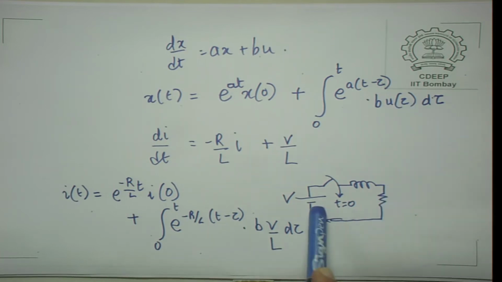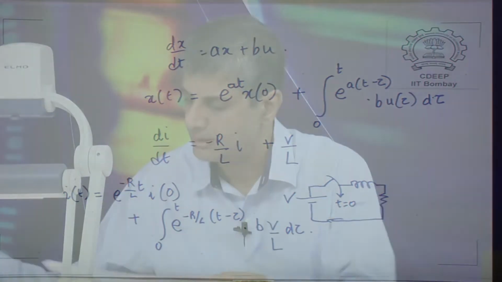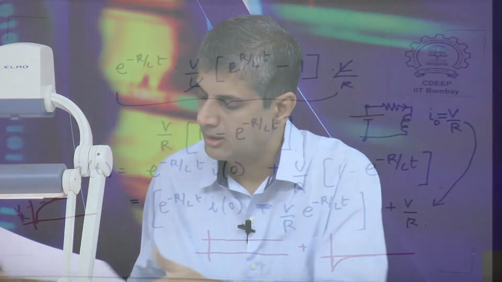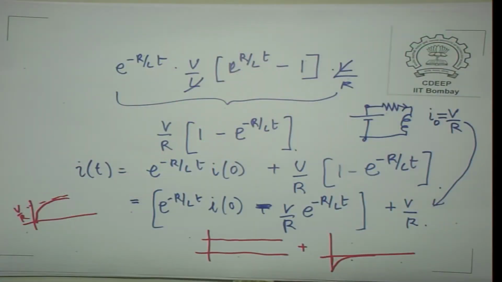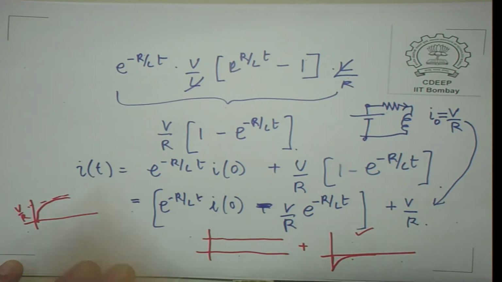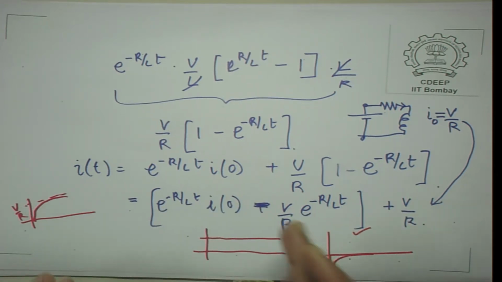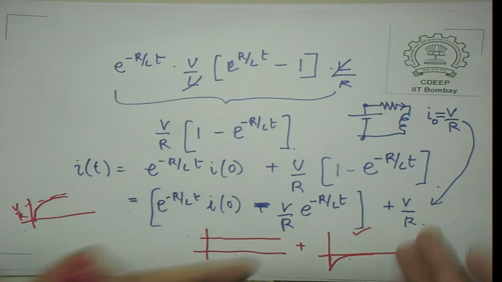So, if we have a DC source, in that case the response turns out to be this, and if you actually evaluate it, what we got essentially was this, and from this we could infer that the final response of the current is the natural response, which is obtained by solving the equation, and also a forced response. So, the response is in fact a function of both the initial conditions as well as the source which you have.